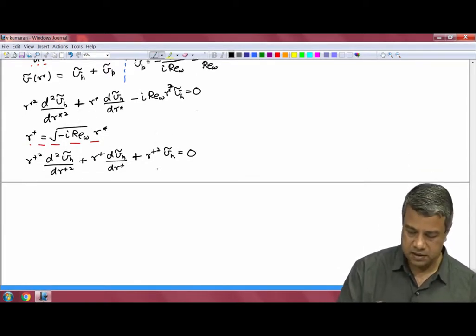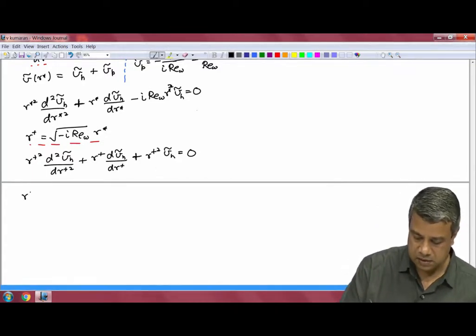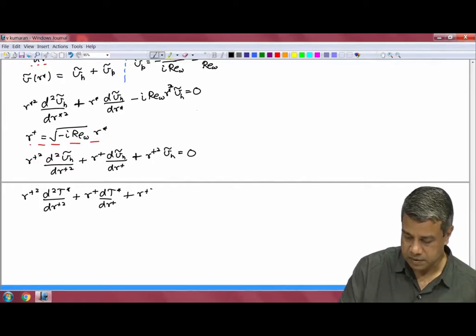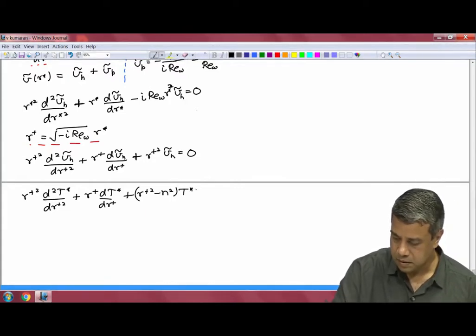And we have seen this equation before. If you recall, when we solved for heat conduction in a cylinder, the equation we got was r plus square d square T by dr plus square plus r plus dT by dr plus plus r plus square minus n square T equal to 0.